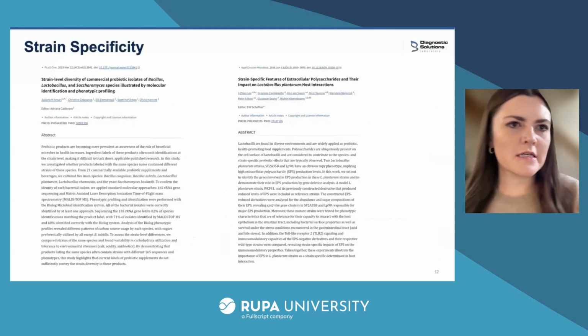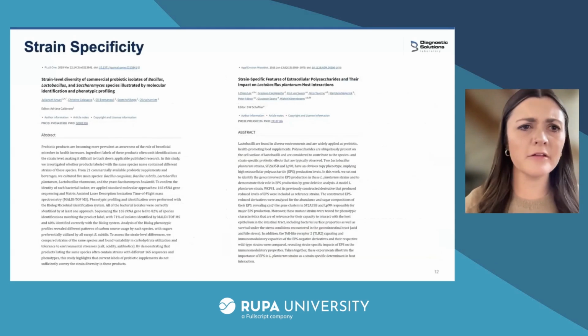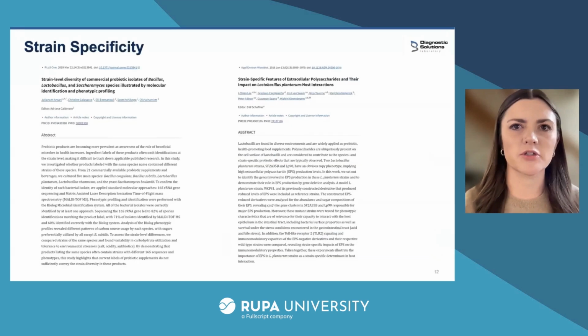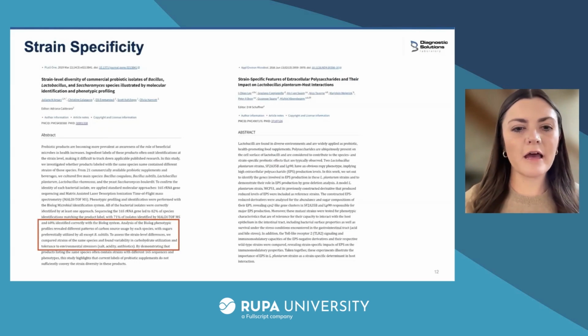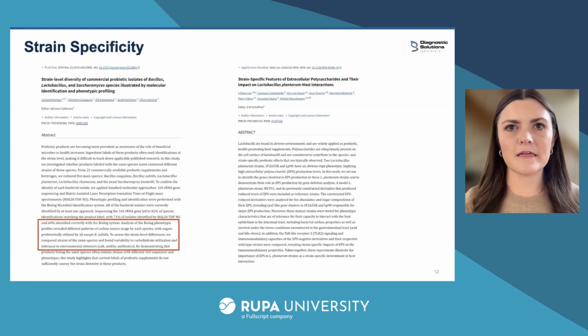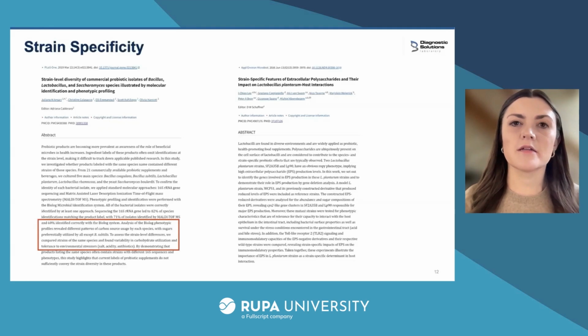A couple more studies just to highlight this concept. The study on the left was looking at different strains within Bacillus, Lactobacillus, and Saccharomyces. They found that at the strain level, there were differences in how probiotics were using carbohydrates and how they tolerated environmental stressors, so again, acidity, antibiotics.